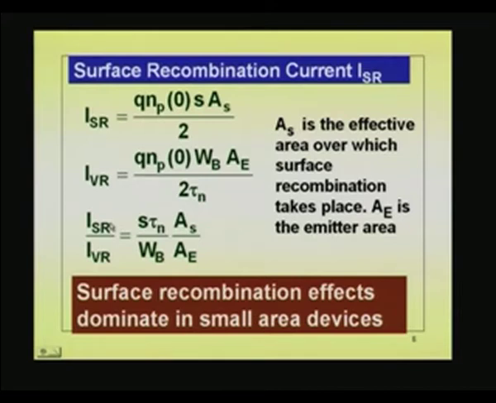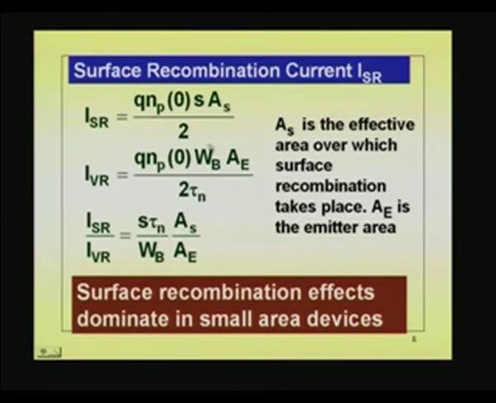If ISR equals volume recombination, you do not have to worry, because we found out that the beta decided by volume recombination is very large. So, the ratio of ISR to IVR is given by this: these two terms cancel, QNP0 gets cancelled, and S is there. I put AS by A here, and tau n goes in the numerator because we are dividing by that, and WB is in the denominator. So, just cancelling the common term NP0, you get this.